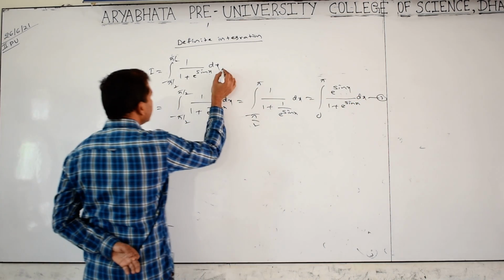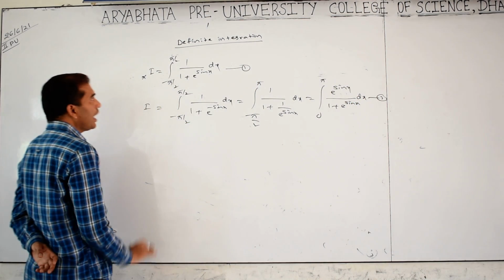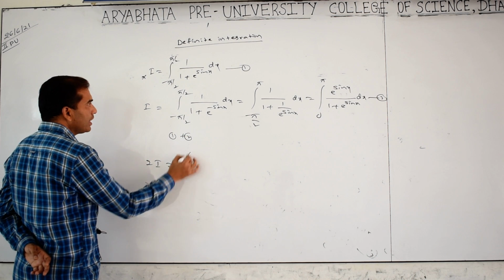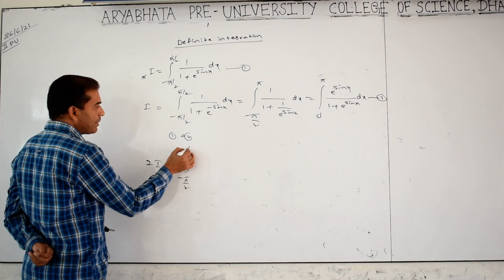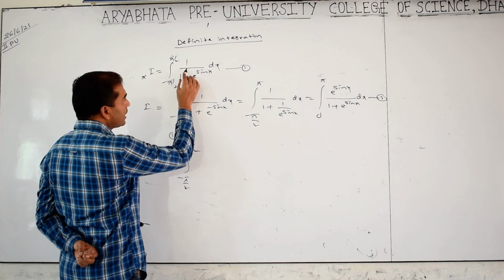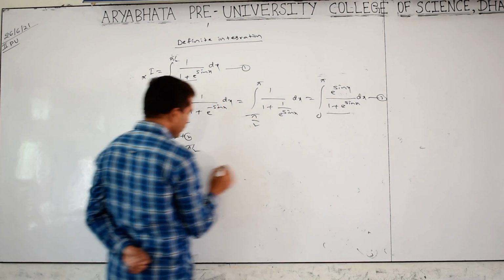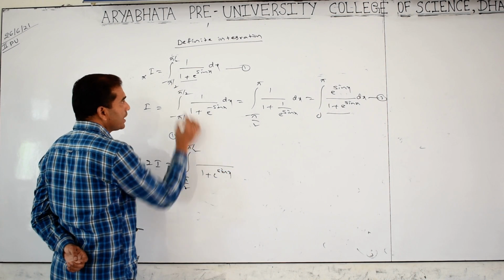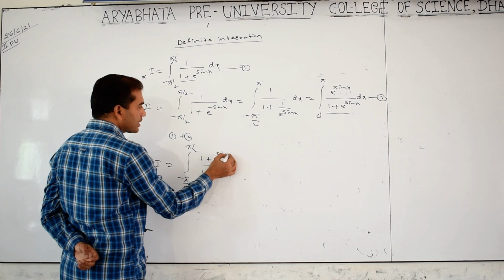This is equation 2, and this is equation 1. Add both: 1 plus 2. On the left side, I plus I is 2I. Integration from minus pi by 2 to plus pi by 2, both add here, the denominator is the same, 1 plus e power sin x, and the numerator is 1 plus e power sin x.